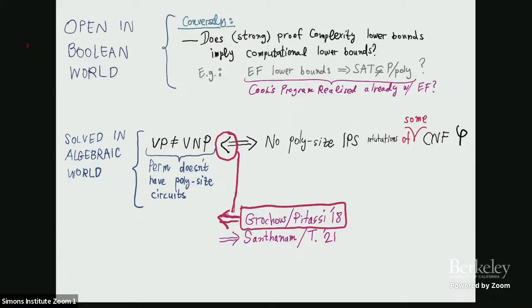VP is unequal to VNP, with no reduction at all. This was done by Grochow-Pitassi. Basically the argument was a truth table argument: every CNF has a truth table IPS refutation going over all the assignments, summing up everything.